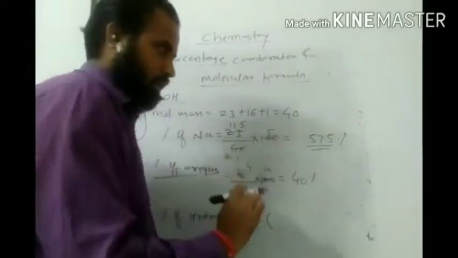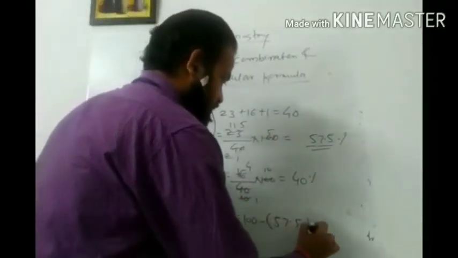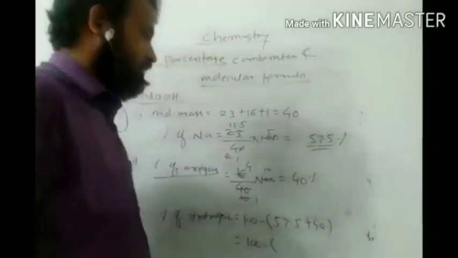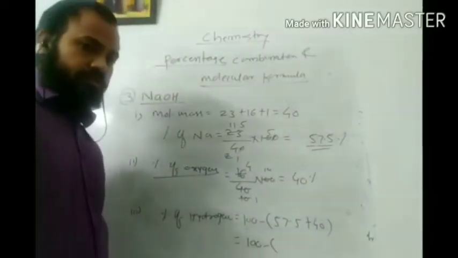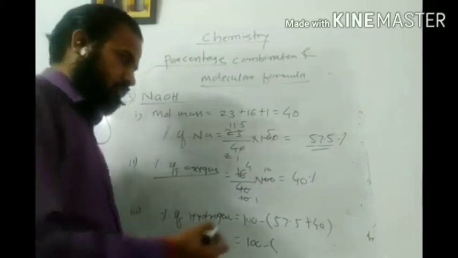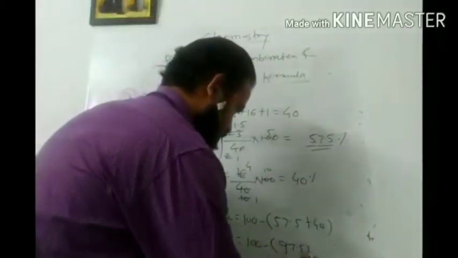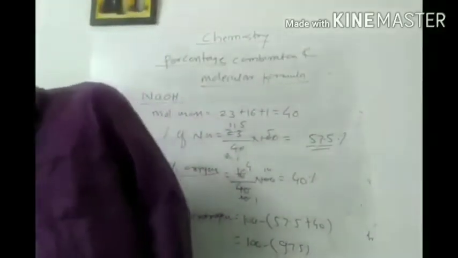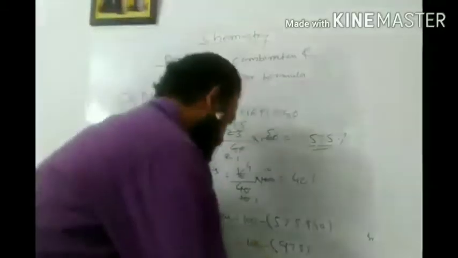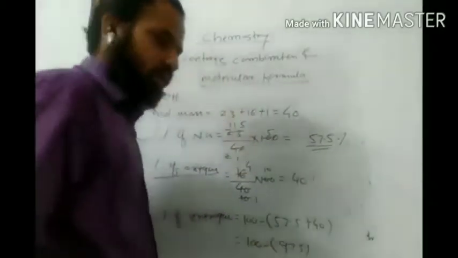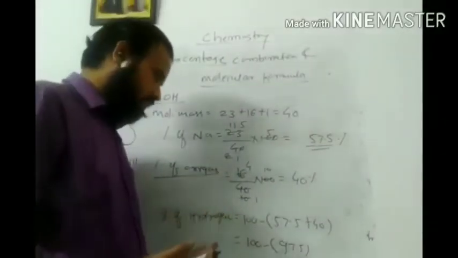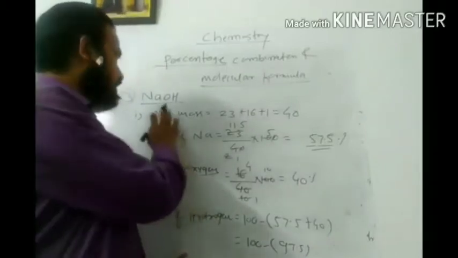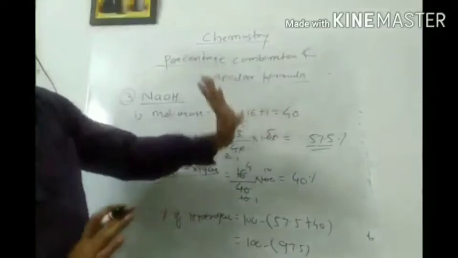That is 57.5 plus 40, which is 97.5, so 100 minus 97.5 gives 2.5. So you need not use this formula and do the calculation; just add them and subtract from 100, and you will get the percentage of the third element in the compound. In this way you can calculate the percentage composition.